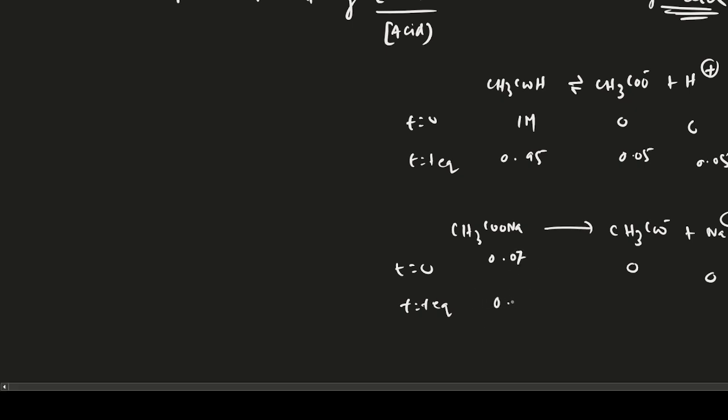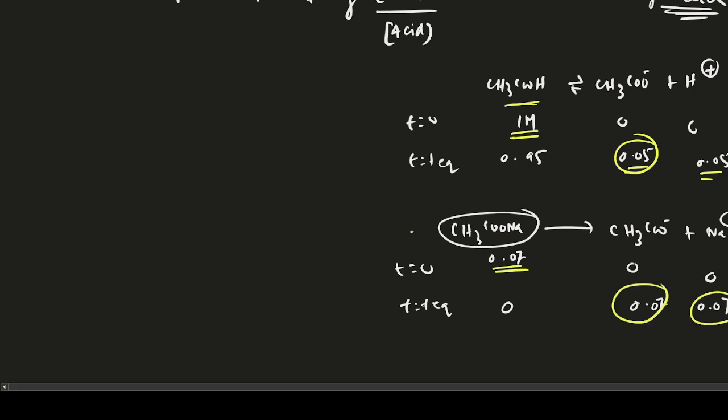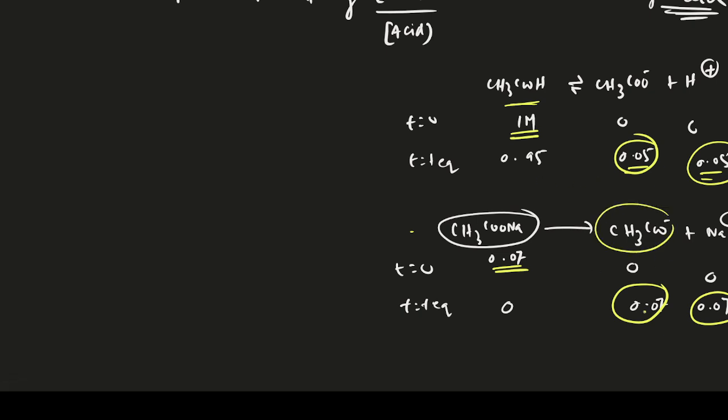Since the concentration is very low, the weak acid dissociates very little, although this value and this value are nearly comparable. So in that case we can't take only this value for CH3COO minus, because this value is also comparable with this. So we have to take this value also.